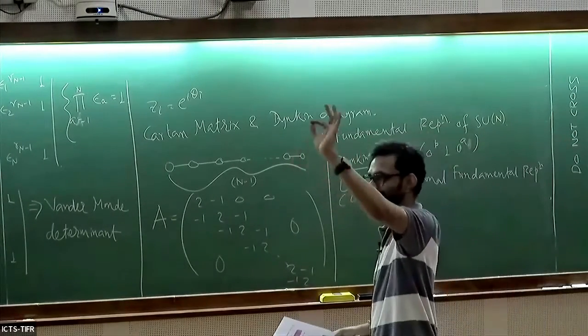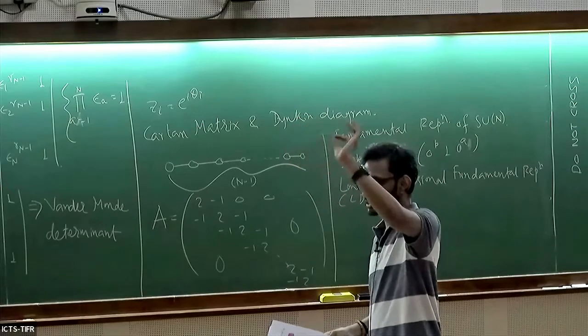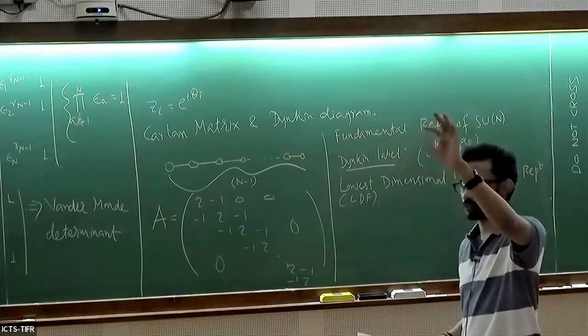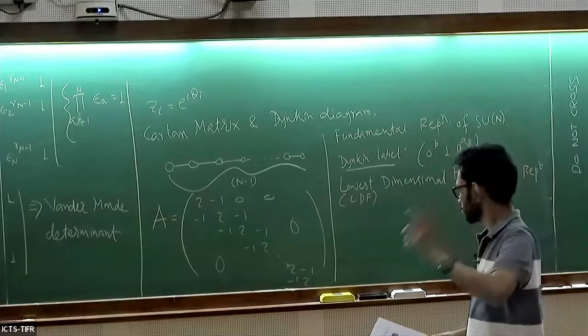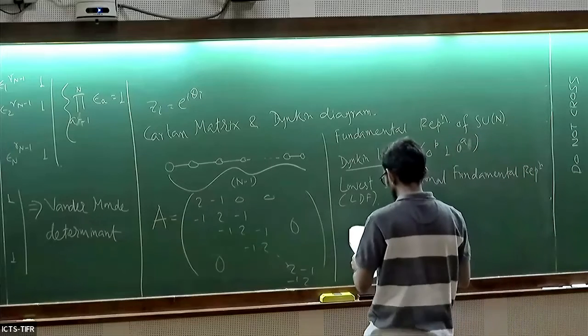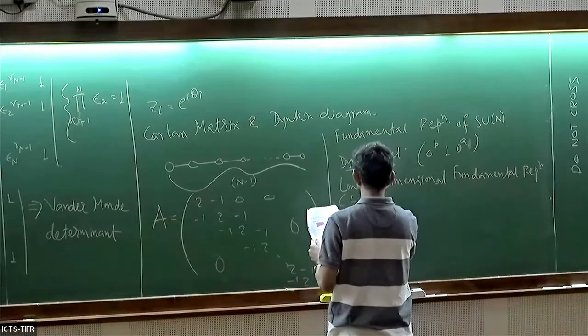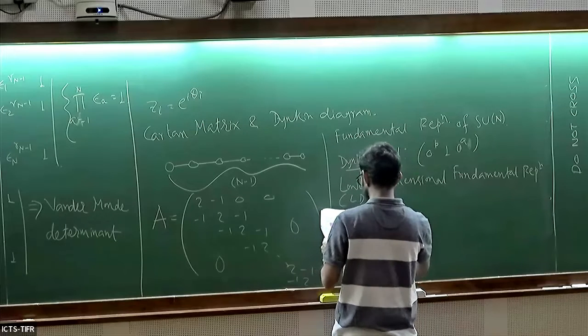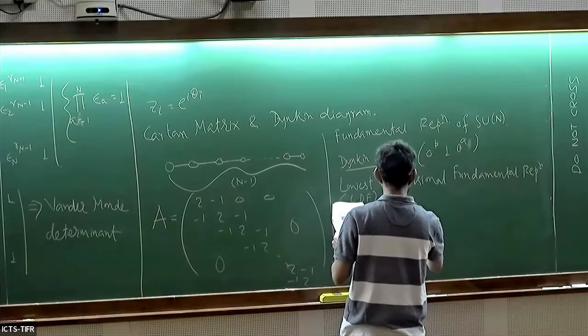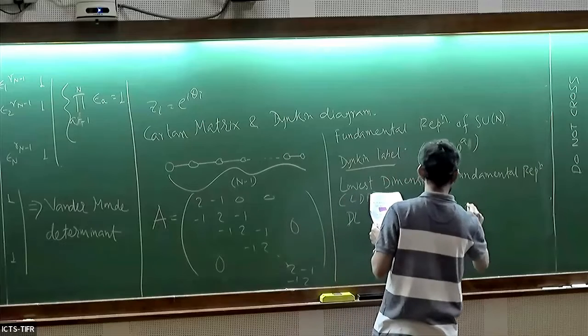For SU(3) it's a 3, for SU(2) it's a 2, for SU(4) it's a 4, and so on. So for the lowest dimensional fundamental representation, the Dynkin label is given as 1, 0, 0.